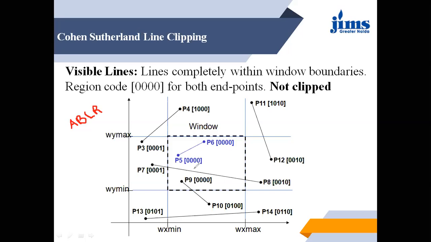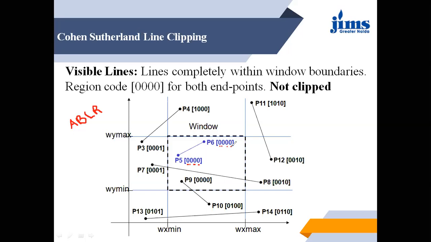From this diagram, you can see the line P5 and P6. Over here, the region code of P5 is 0, 0, 0, 0, and the region code of point P6, that is the other end of the line, is also 0, 0, 0, 0.